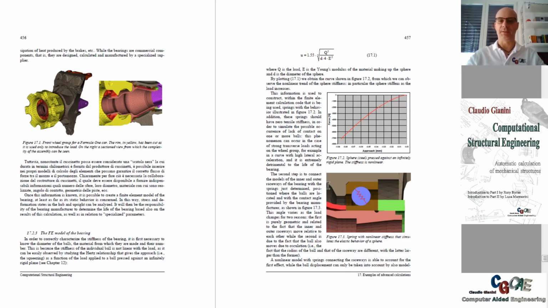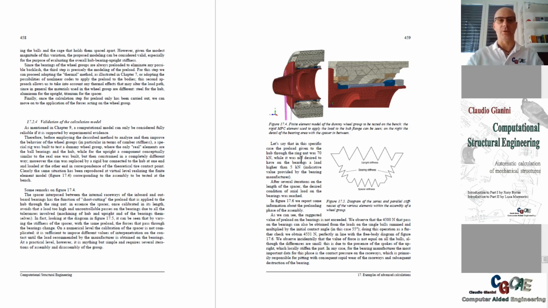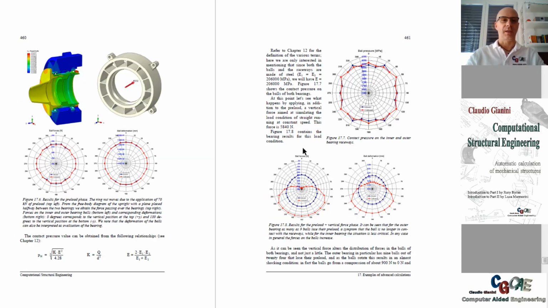Okay, this is clearly a Formula One wheel bearing, and it is suggested how to model the non-linearity of the bearing, but this approach can be used, of course, for any kind of bearing that one may have to introduce in its models.